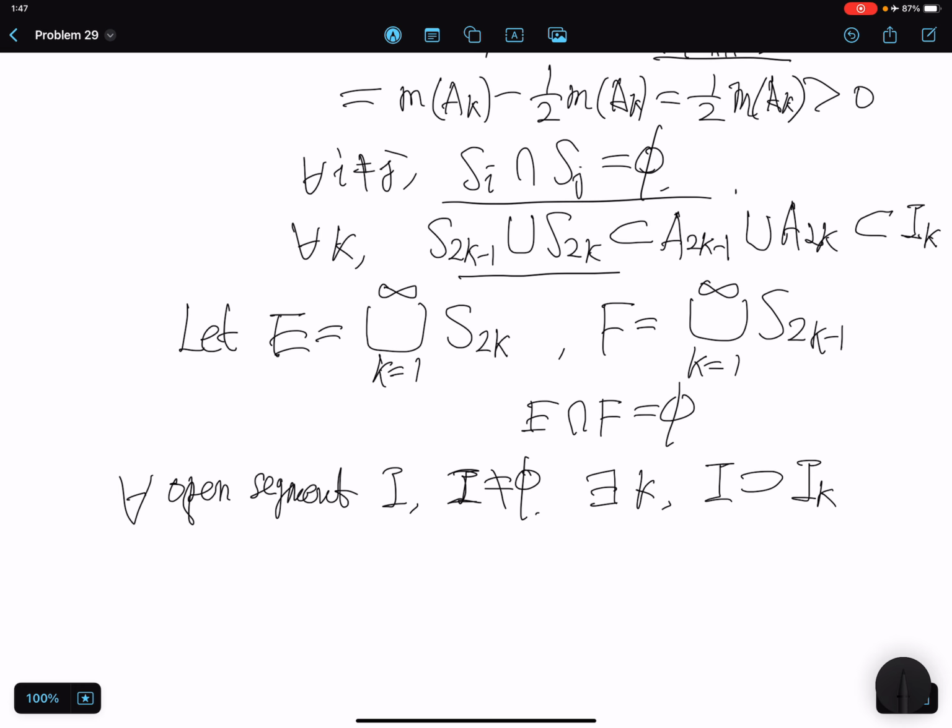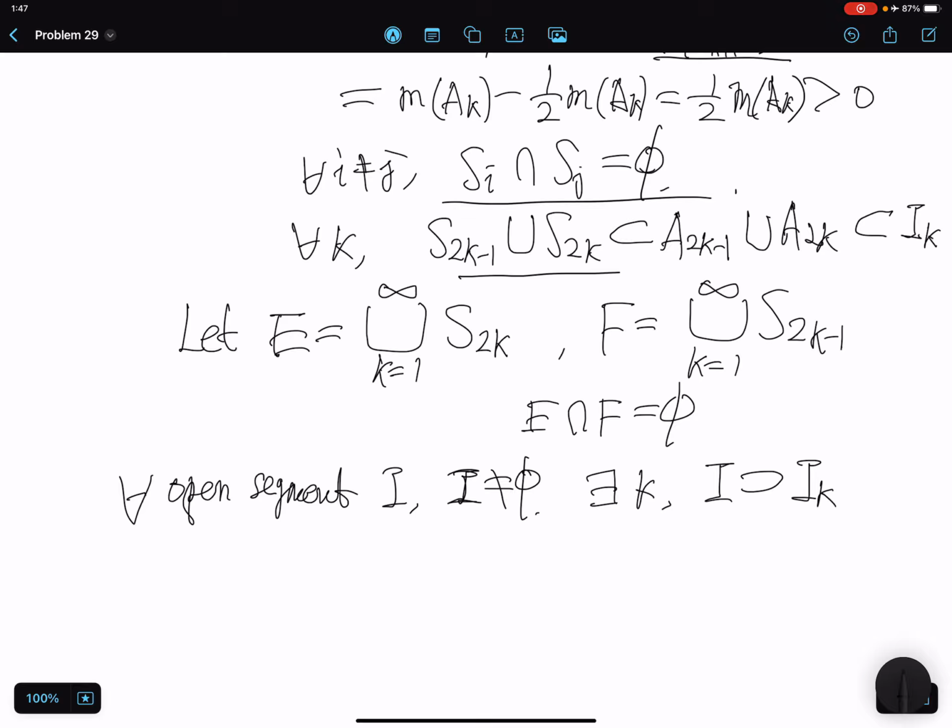Because we can always find an open interval with rational endpoints that is contained in any non-empty open segment, right?